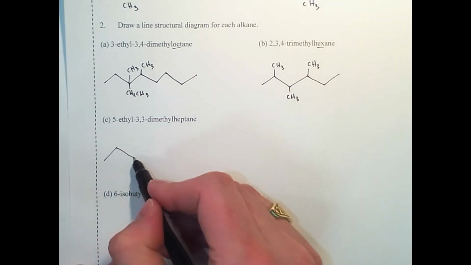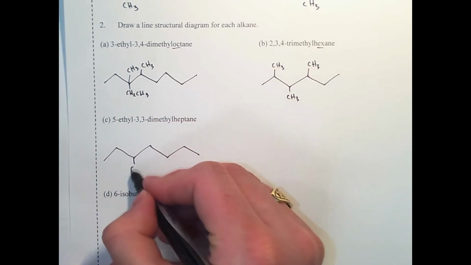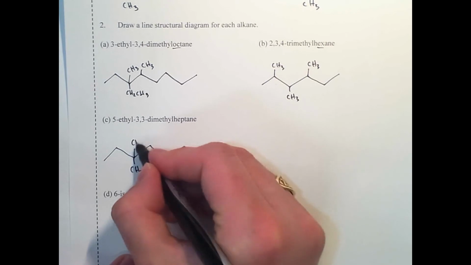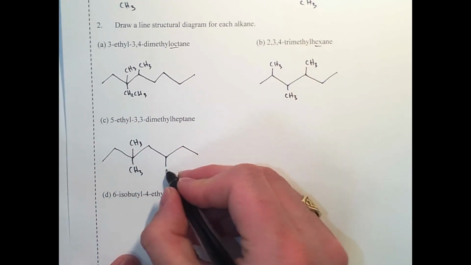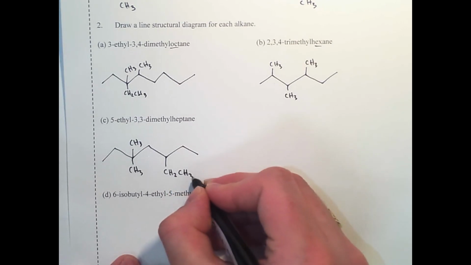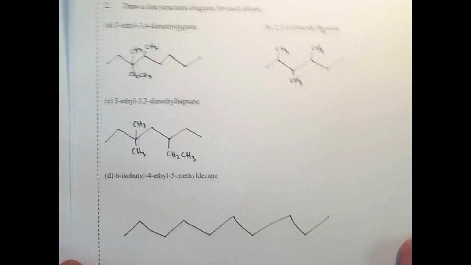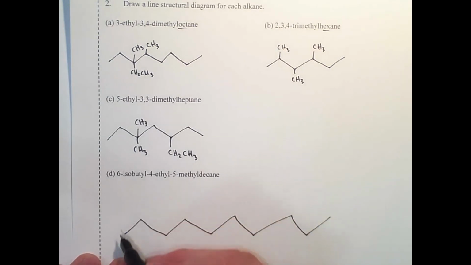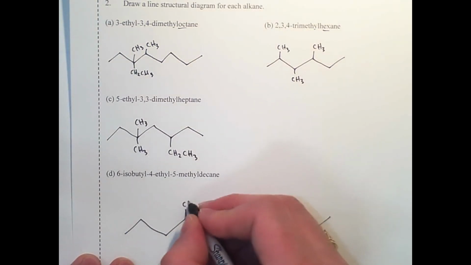Heptane, 7, so 2, 3, 4, 5, 6, 7. I have a methyl group at 3, another one at 3, 2, 3, 4, and an ethyl group. Then decane is 10, so 2, 3, 4, 5, 6, 7, 8, 9, 10. Not the best line diagram, but so 1, 2, 3, 4 ethyl.